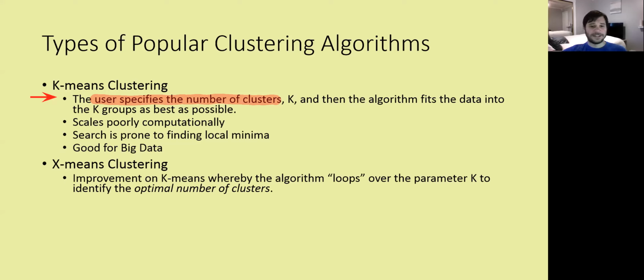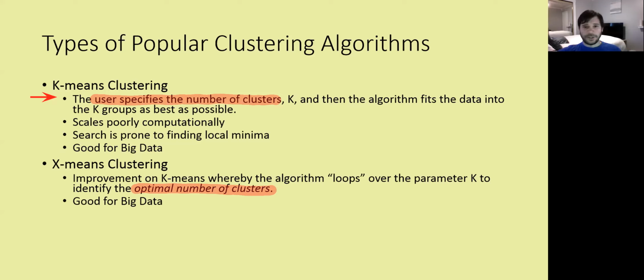It identifies the optimal number of clusters, meaning it doesn't require a user to specify a priori what they believe the right number of clusters to be. And this is also really good and used very, very frequently in big data apps.